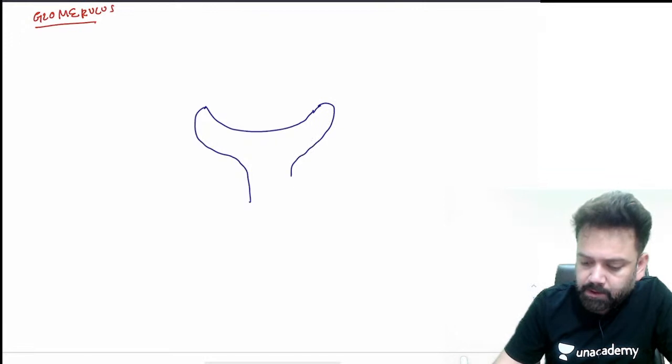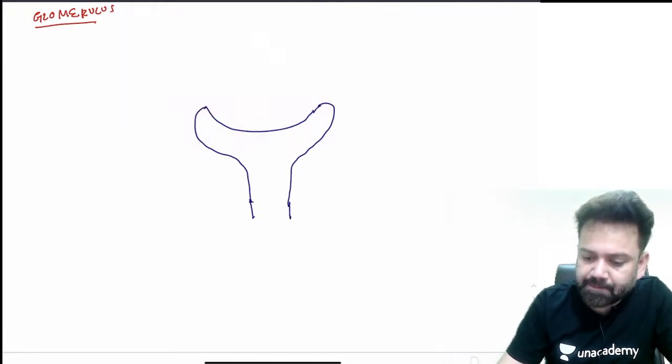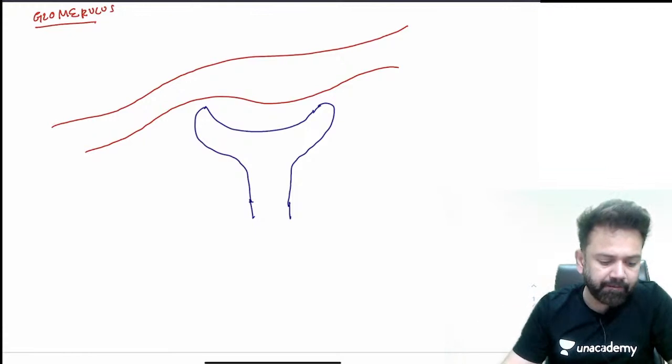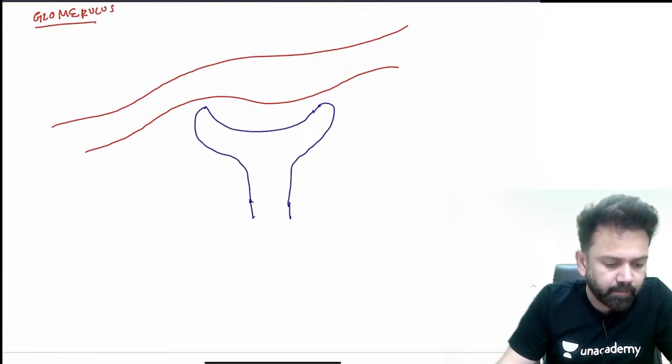This is your Bowman's capsule. This is your afferent arteriole and efferent arteriole.